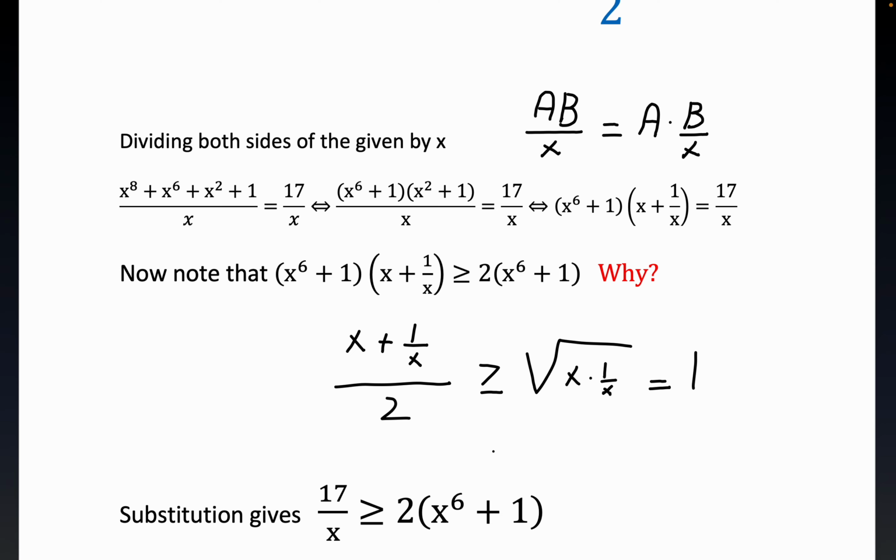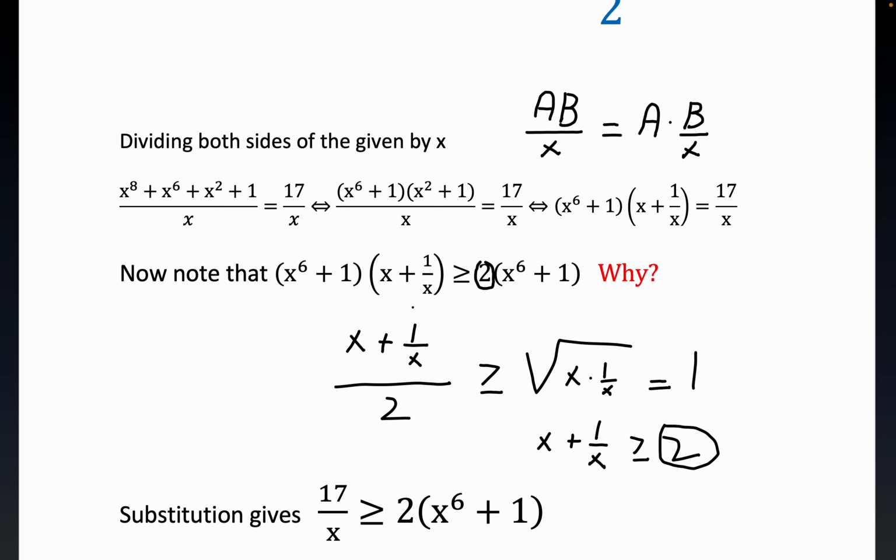The net effect is that x plus 1 over x, when we multiply by 2, is greater than or equal to 2. So that's where this 2 comes from right here, by properties of equalities.